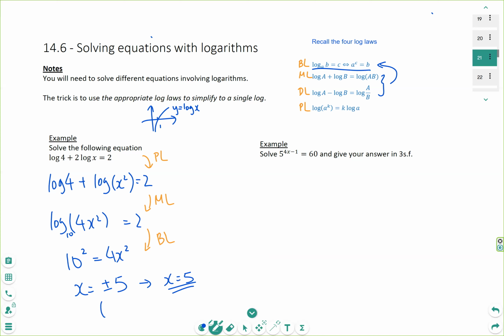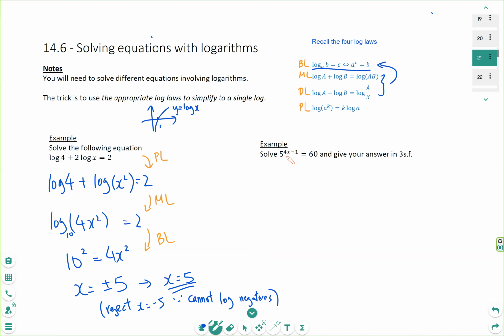I'll put in here, we reject x equals minus 5 because we cannot log negatives. Log is such a positive, happy child. No negatives. If we try putting log negative 5 into a calculator, it gives you a maths error.